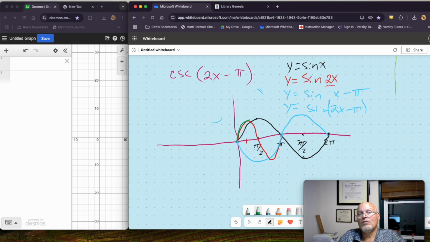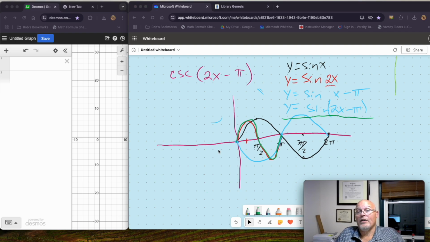So sine of 2x minus pi is going to be the same as sine of 2x. And that's what our graph is going to look like, the green graph here of y equals sine of 2x minus pi. So I've got a shift to the left, and I've got a shrinking of the period by a half.